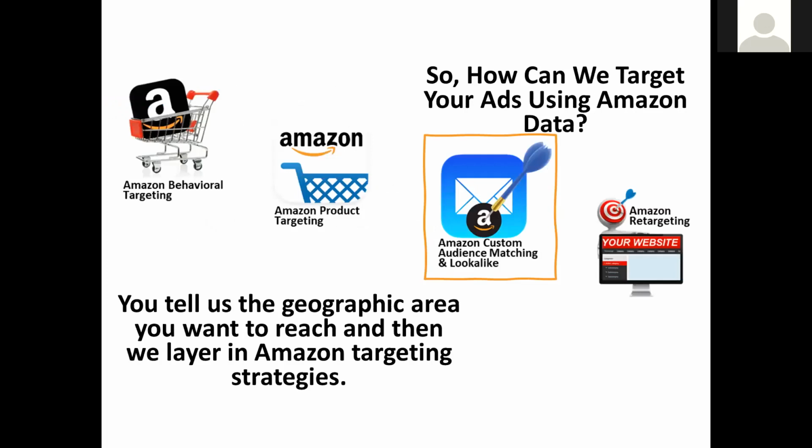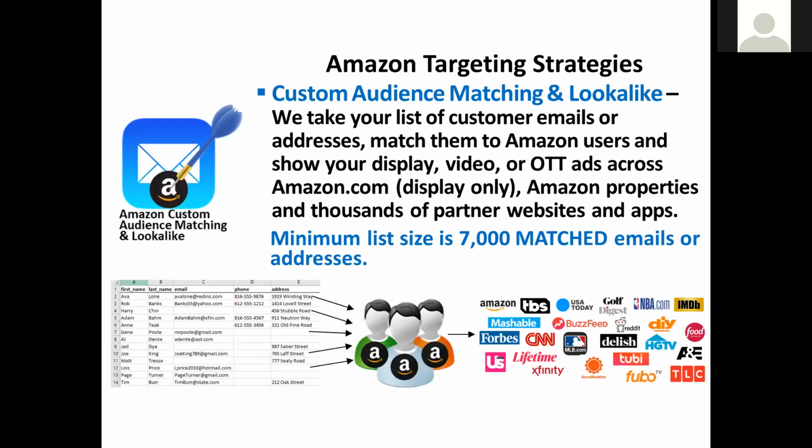So now we're going to look at Amazon custom audience matching and lookalike. For this particular targeting strategy, we're going to take your list of customer emails or addresses, and we're going to match them to Amazon users and show your display, video, or OTT ads across Amazon, again, just display there, but on those Amazon properties and thousands of partner websites.